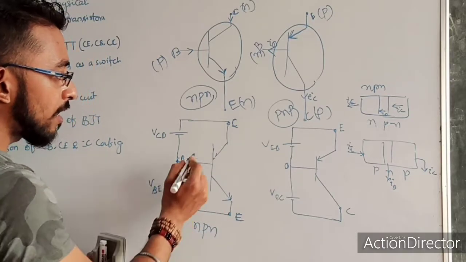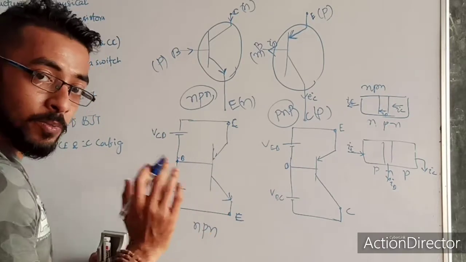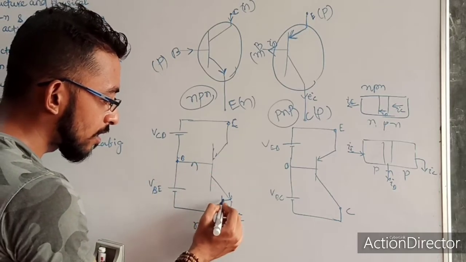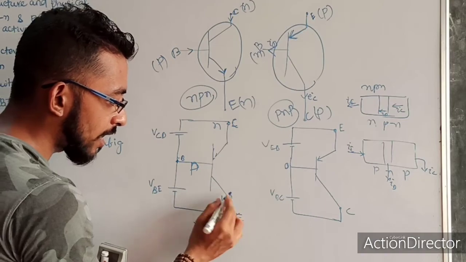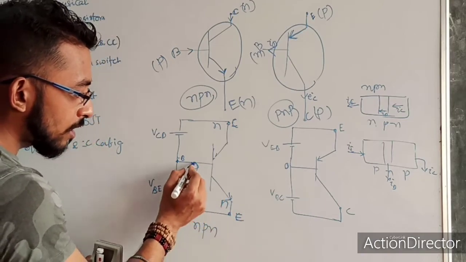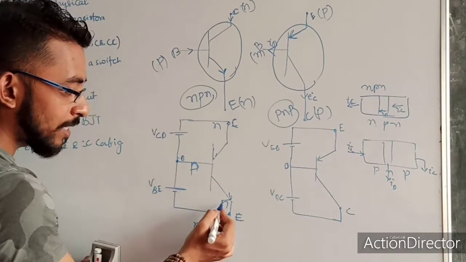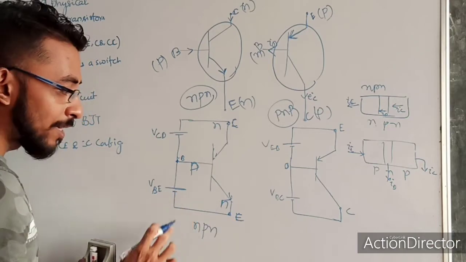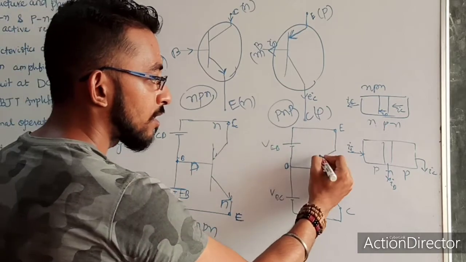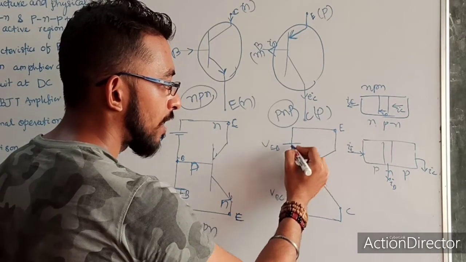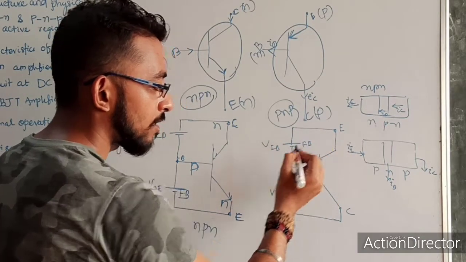So in NPN, our emitter base junction should be in forward bias. This is N, this is P, this is N, emitter is N. You see the P type is connected to the positive terminal of the battery, the N side is connected to the negative terminal. It means it is in forward bias. In PNP, the emitter is positive, base is negative. It is also in forward bias.